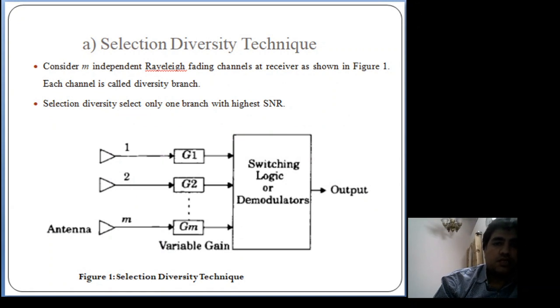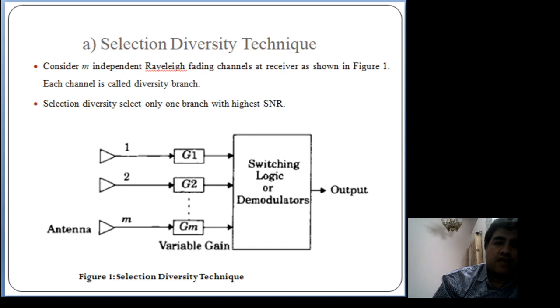So in this, let us consider there are m independent Rayleigh fading channels. Rayleigh means the distribution. In small scale fading, all these channels will experience a fading in terms of Rayleigh distribution. But all these channels will experience a different kind of fades as they are independent of each other.